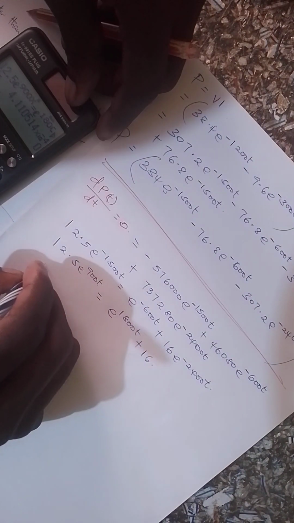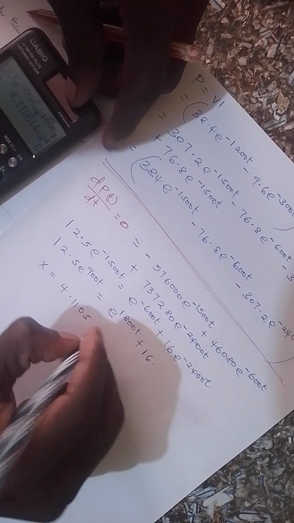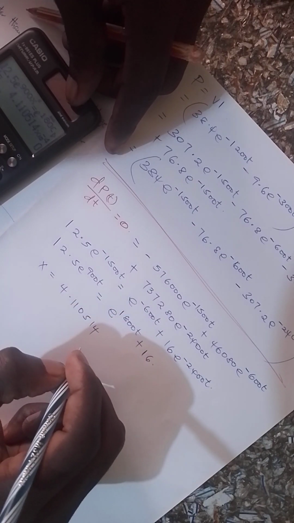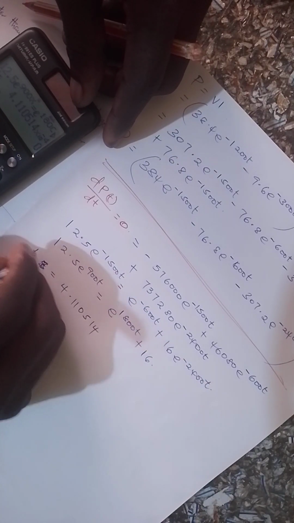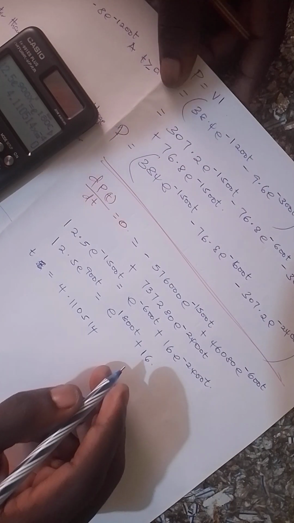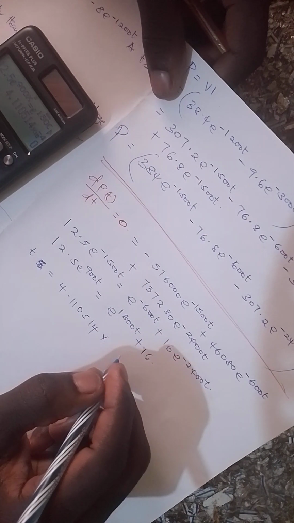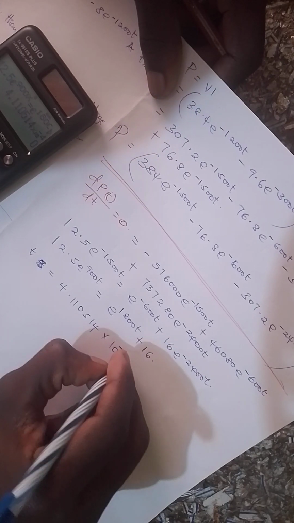So from the calculator, we'll have x is equal to 4.110514, and remember x is t, so let's avoid using the x because nothing has been initialized by x, so times 10 raised to the power of negative 4.